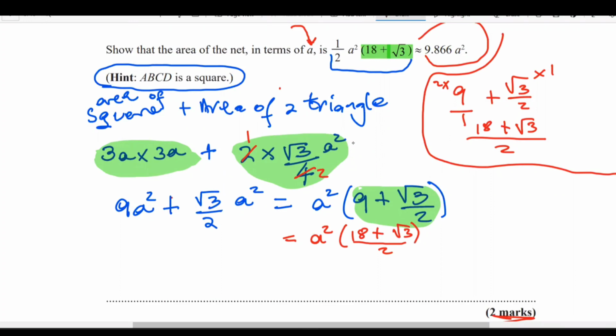This is a half. Then I could take it out and put the half all the way out there, put back the A squared, and in the bracket, you will see 18 plus the root of 3. And you would have it just like this, as they had said. And you're done.